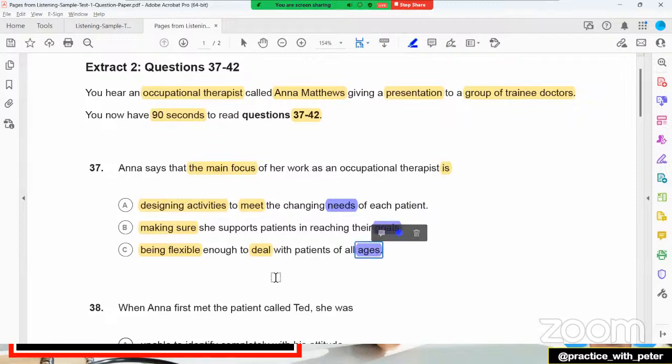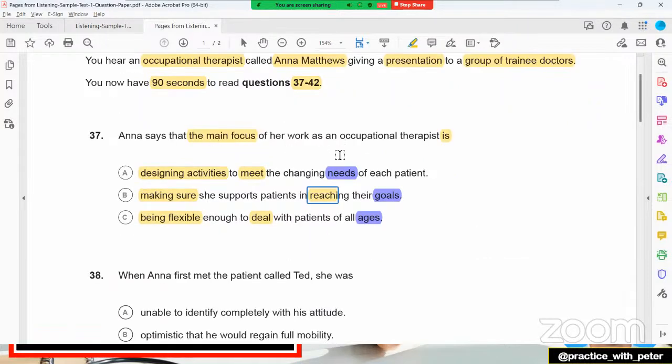So try to understand. Activities to meet the needs, ensuring that they reach their goals. So try to understand what I'm showing you here. This is very important.